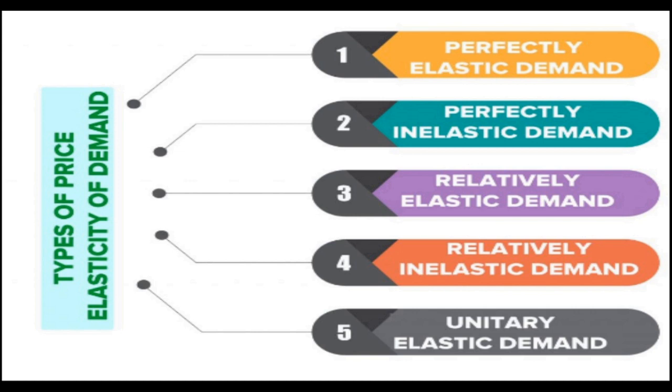Then relatively elastic demand, or we can say relatively more elastic demand. Then relatively inelastic demand, or we can say relatively less elastic demand. And number 5, unitary elastic demand. So now we will discuss all these types of elasticity of demand one by one in detail.